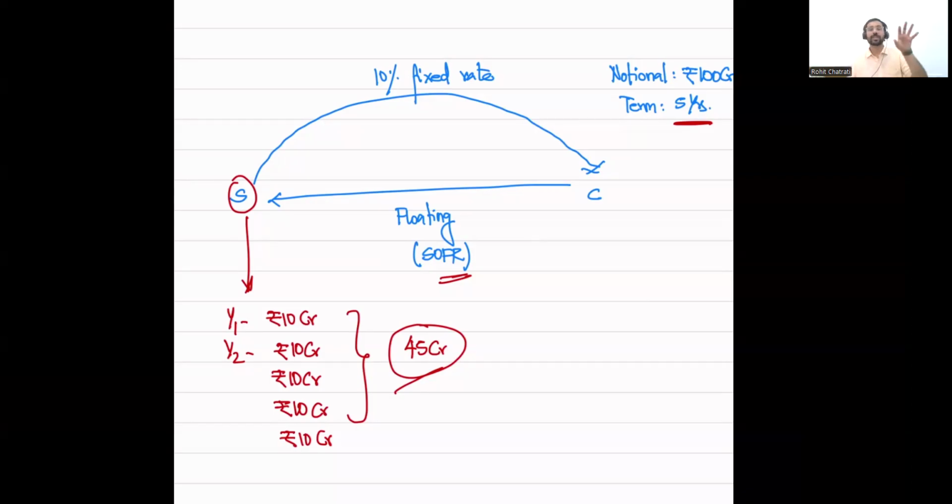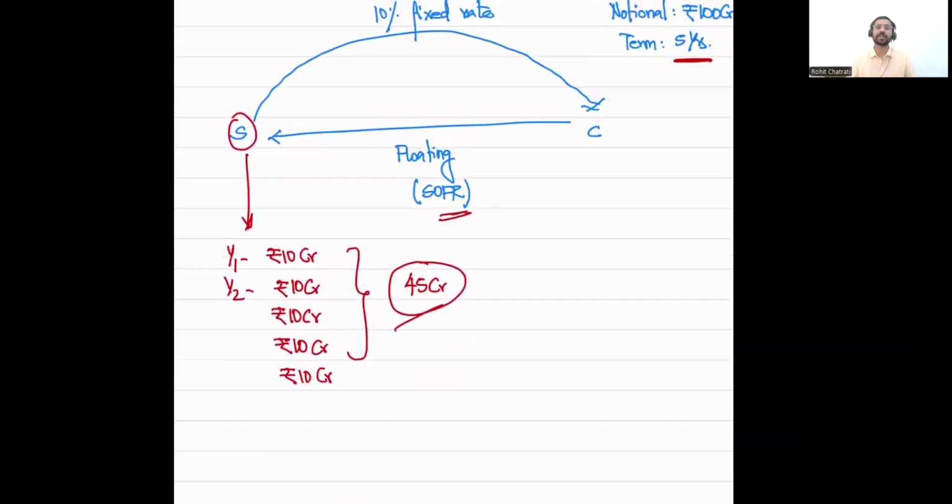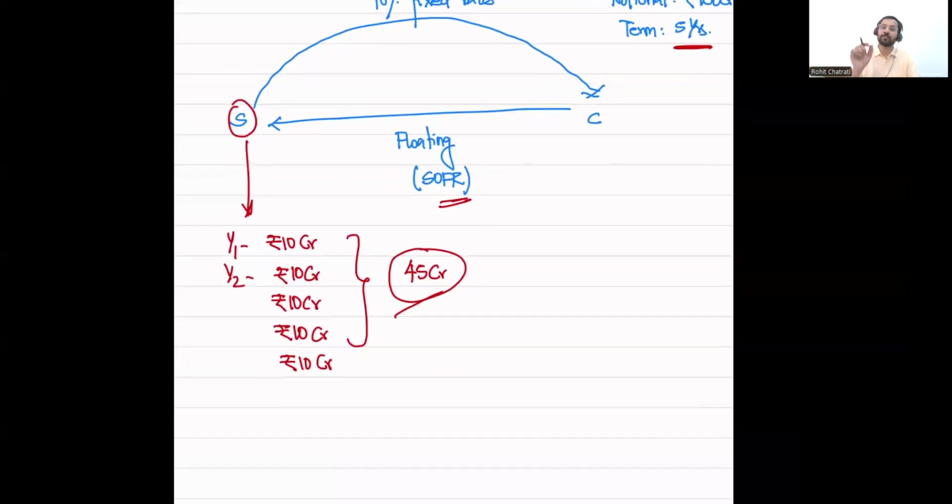S is receiving interest in the form of floating interest rate, equal to SOFR. It would also receive the same floating interest rate if it had invested in a floating rate bond. So the comparable position for this derivative contract would be an investment in a floating rate bond where the coupon rate is exactly equal to the SOFR rate.